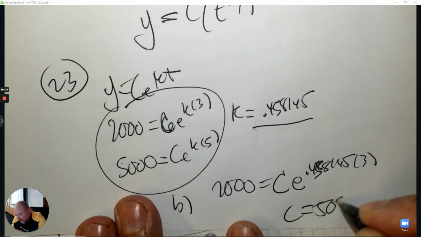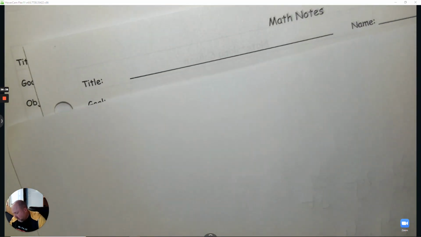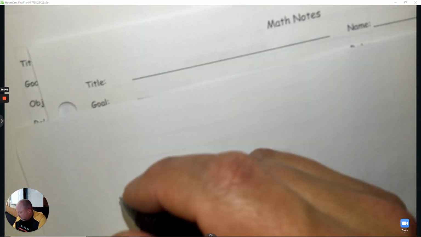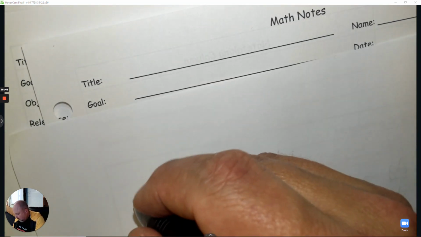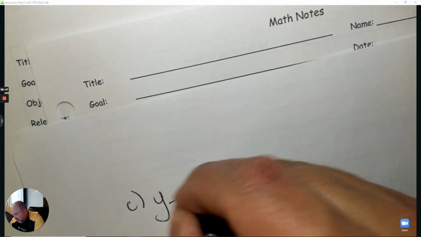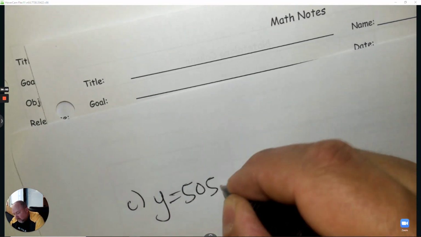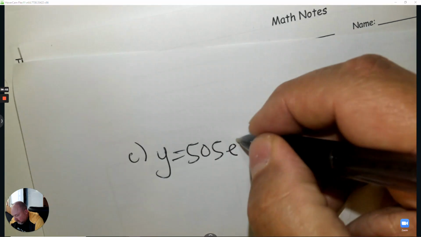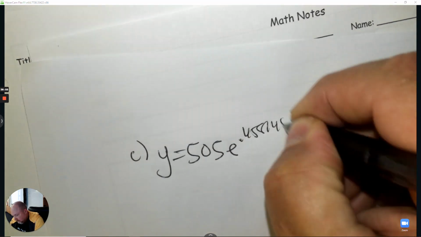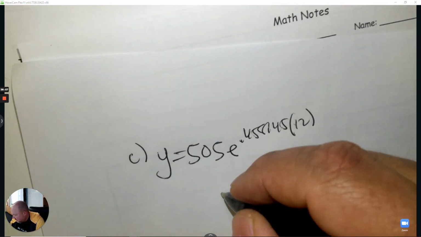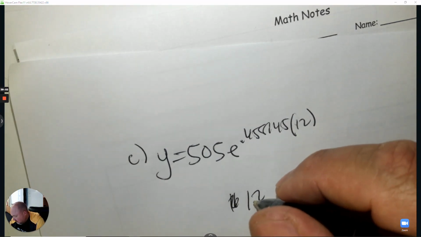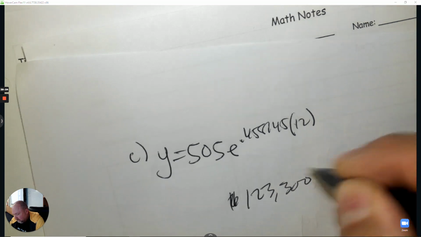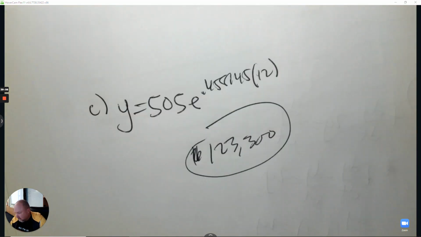You get about 505 or 506 for the answer. So if you use 505 E to the growth rate, after 12 days, approximately there's 123,000, so 300 using your calculator in terms of how many there are.